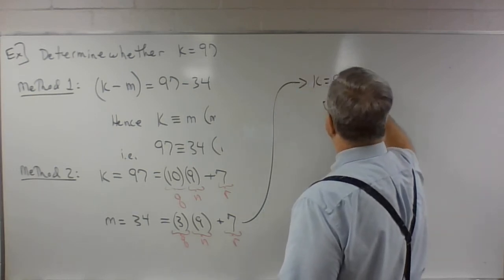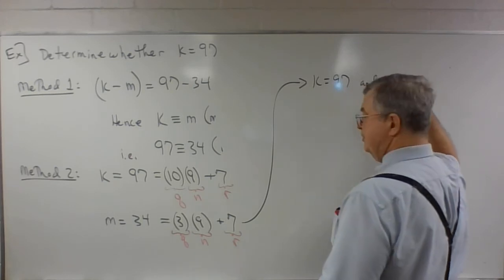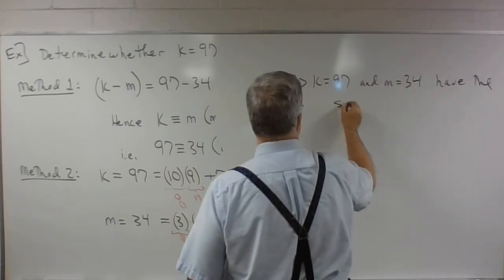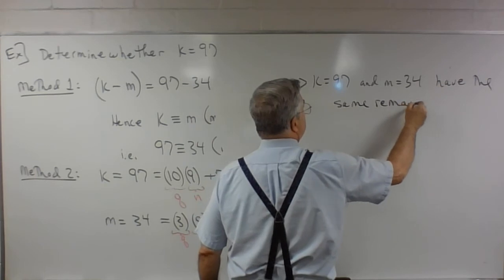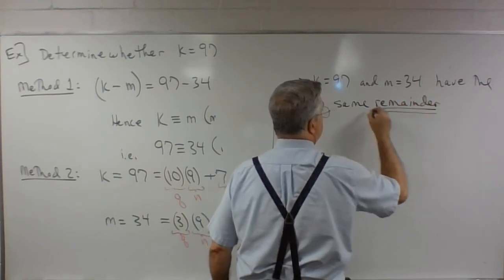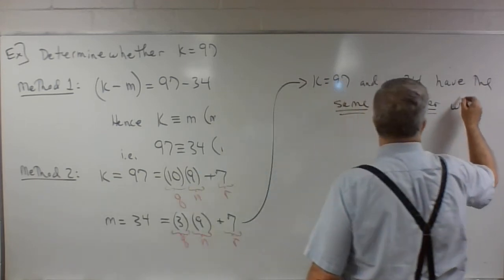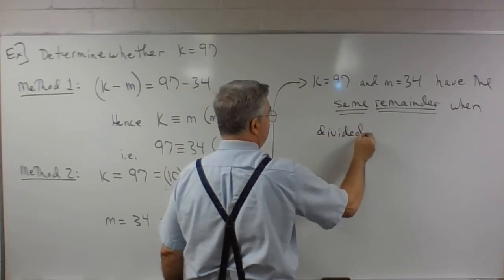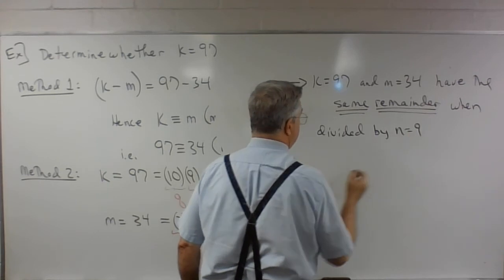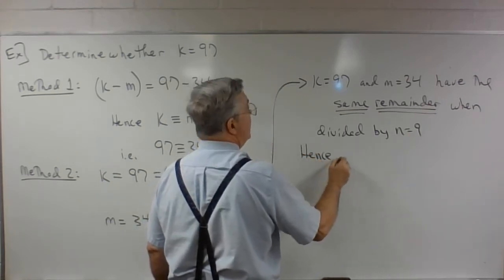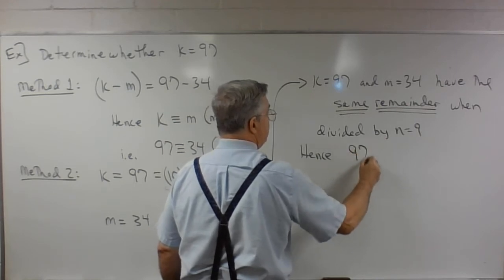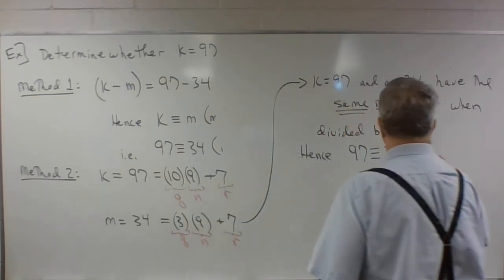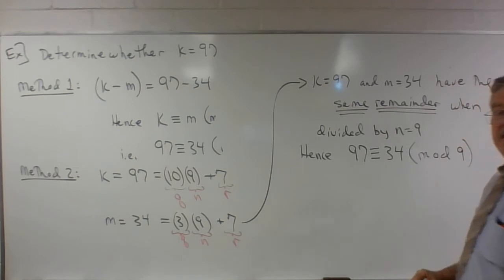So k equals 97 and m equals 34 have the same remainder when divided by n equals 9. Hence, 97 is congruent to 34 mod 9.